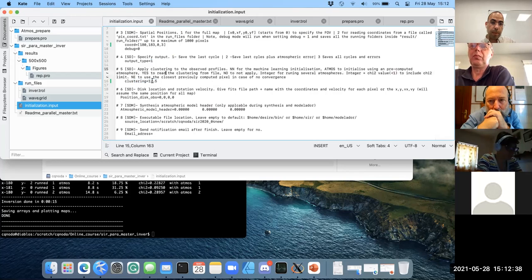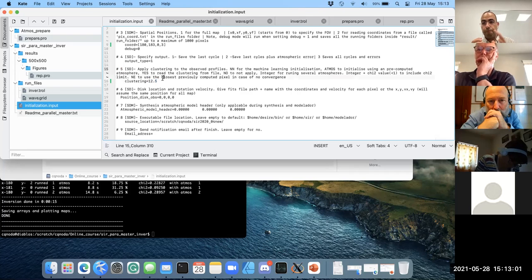And here, what I'm saying is that I want the code to check over 12 atmospheres. I will enter on this later. The idea is that the first number is the number of atmospheres that the code will use to run the inversion. And then we added an extra option that is after a dot.